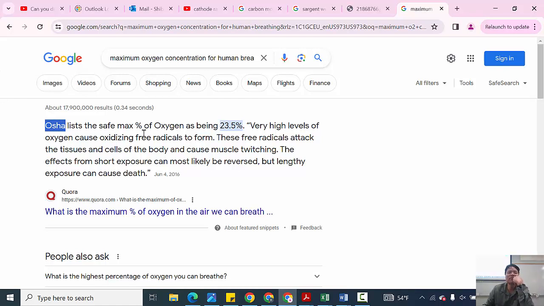OSHA lists the safe max percentage of oxygen as 23.5%. Very high levels of oxygen can cause oxidizing free radicals to form. These free radicals attack the tissue and cells of the body and cause muscle twitching. The effects from short-term exposure can most likely be reversed, but lengthy exposure can cause death.